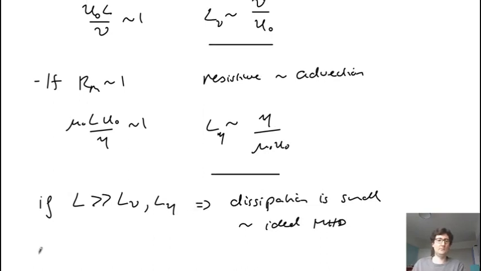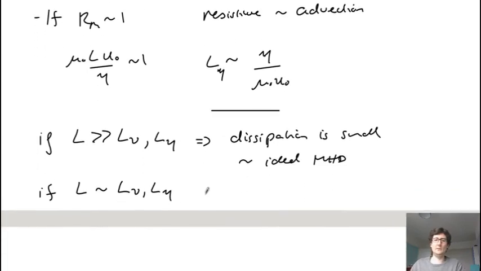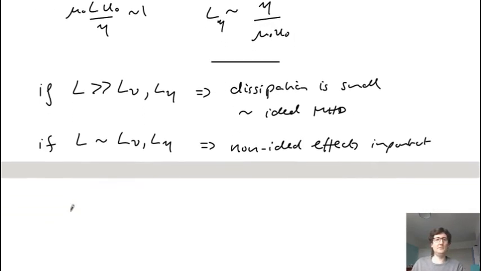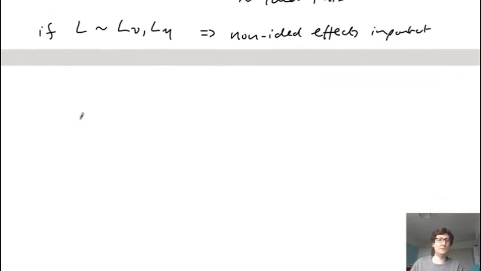So if, on the other hand, L is roughly L nu or L eta, then non-ideal effects can be important. And this is what happens typically in these layer models.